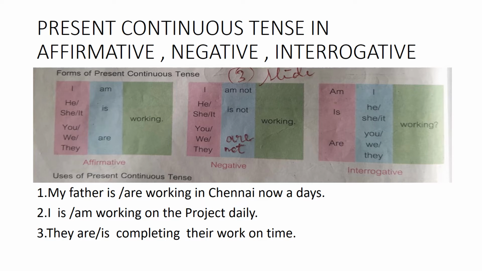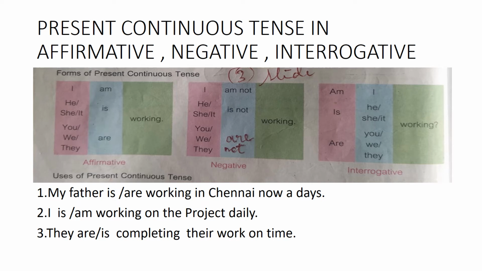Second example, I am working on the project daily. The subject I agrees with the verb am working. Correct sentence is, I am working on the project daily. Third example, they is completing their work on time.